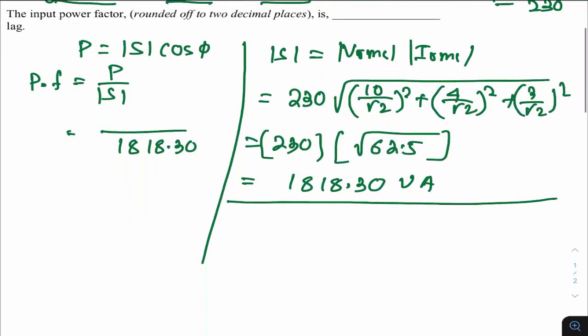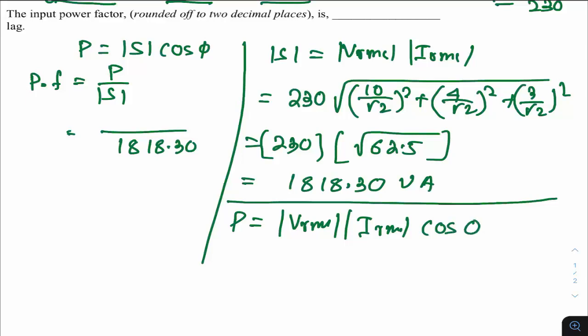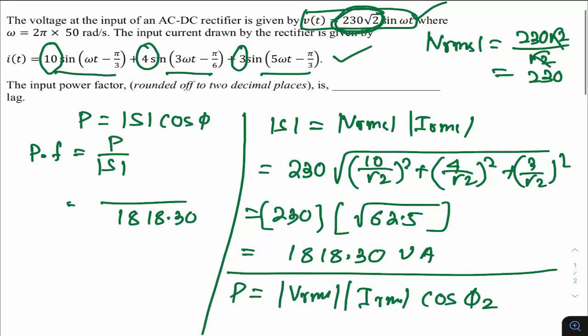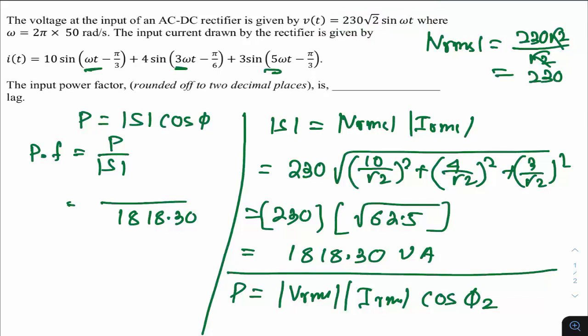P is given by the standard formula: magnitude of V RMS into I RMS into cos of phi. In this case, the voltage has a single frequency, but the current has three different frequencies, like omega, 3 omega and 5 omega, while the voltage has only one frequency, that is omega.